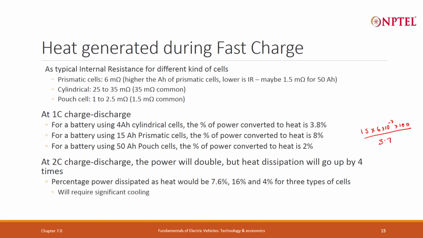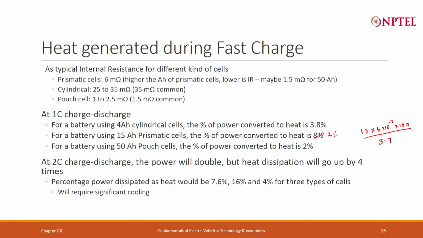So, it is 9 divided by 3.7. Well, if it is 9 divided by 3.7, it will be less than 2%. So, this is not right, this will be more like 2% or 2.5%.